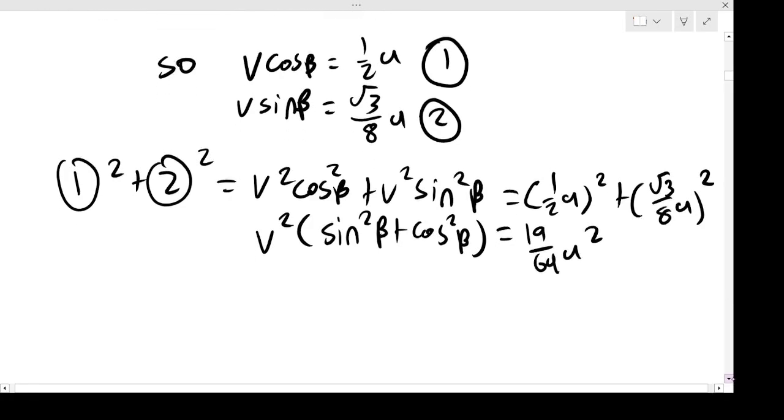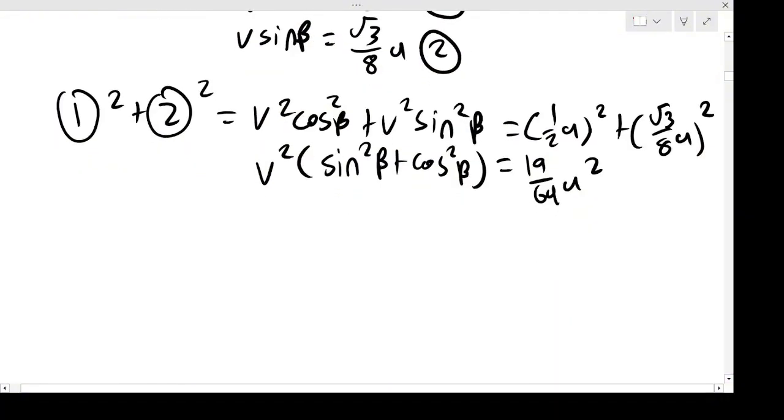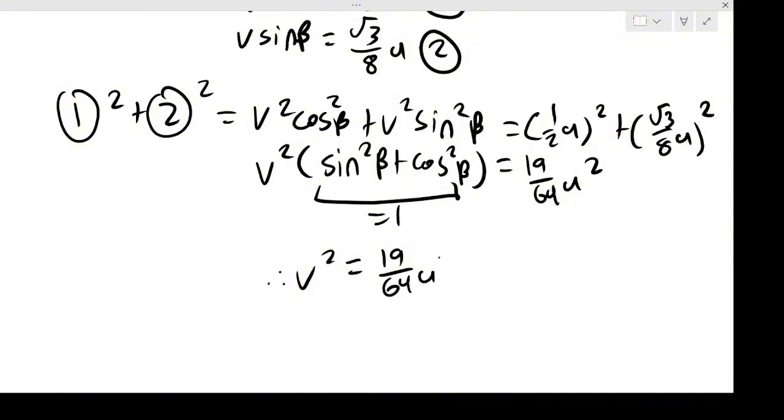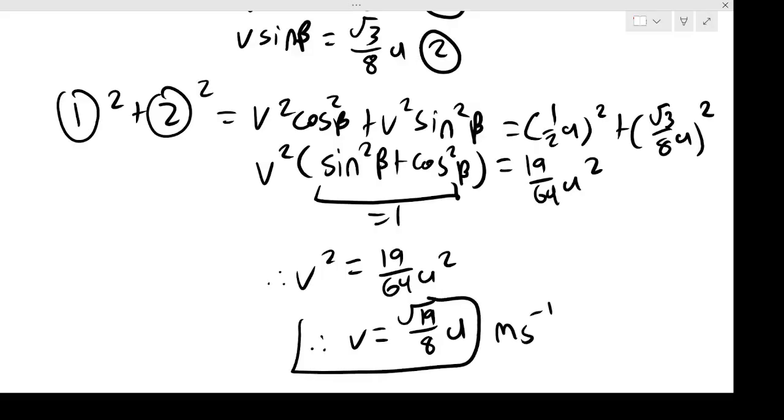Okay, if I simplify all of that, make sure you're happy with that. But there we are. Well, actually, again, this just goes to 1, right? So then we're just left with v squared is just 19 over 64 u squared. Therefore, if I root that, I get v to be root 19 over 8 lots of u. Okay, again, it's just going to be in terms of u, but that's my expression for the speed afterwards.